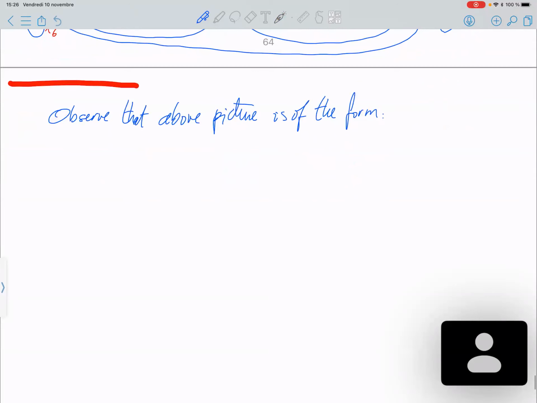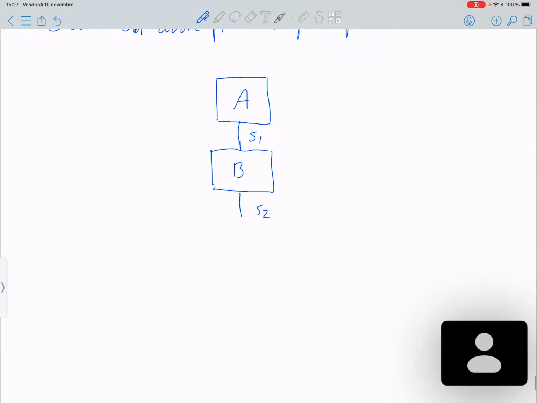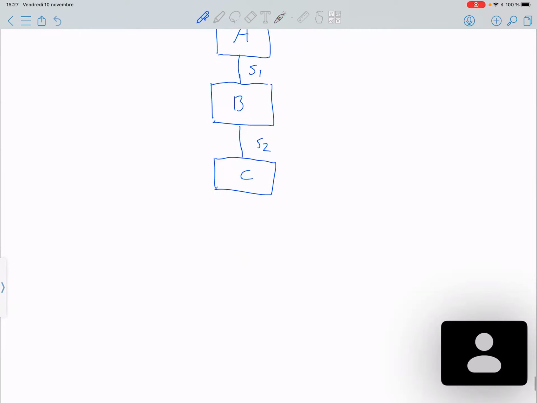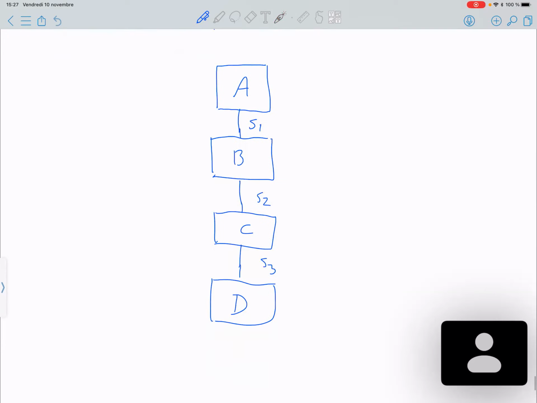So you can group, so from A, you have S1, and you have a B, S2, you have a C, S3, and a D. So I will show you what A, B, C, D are in the picture.